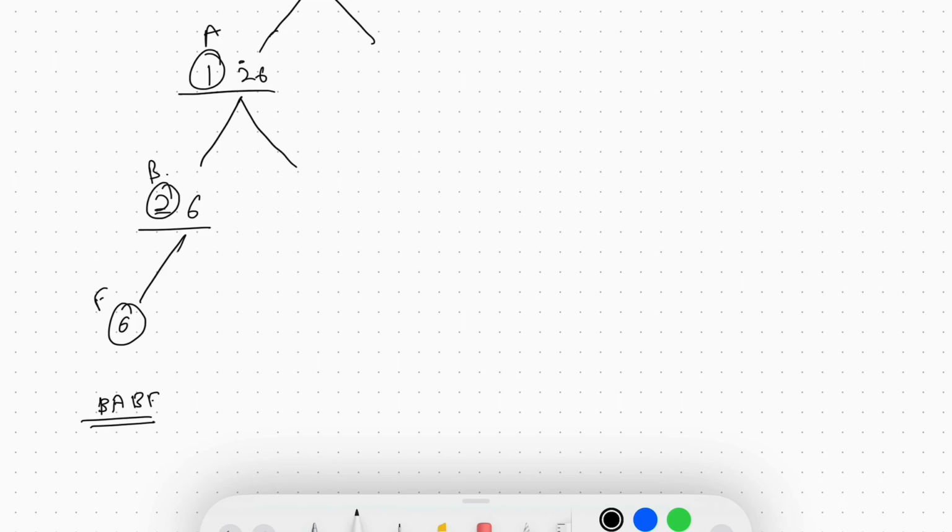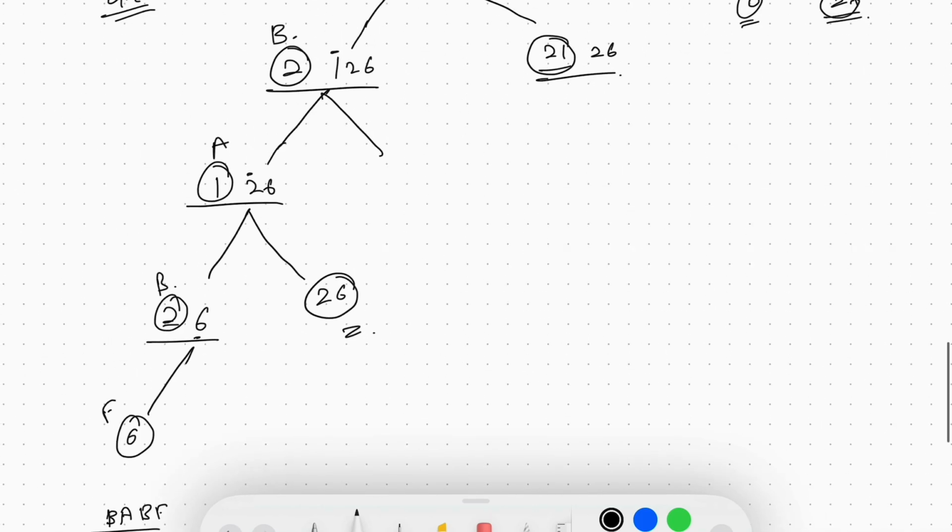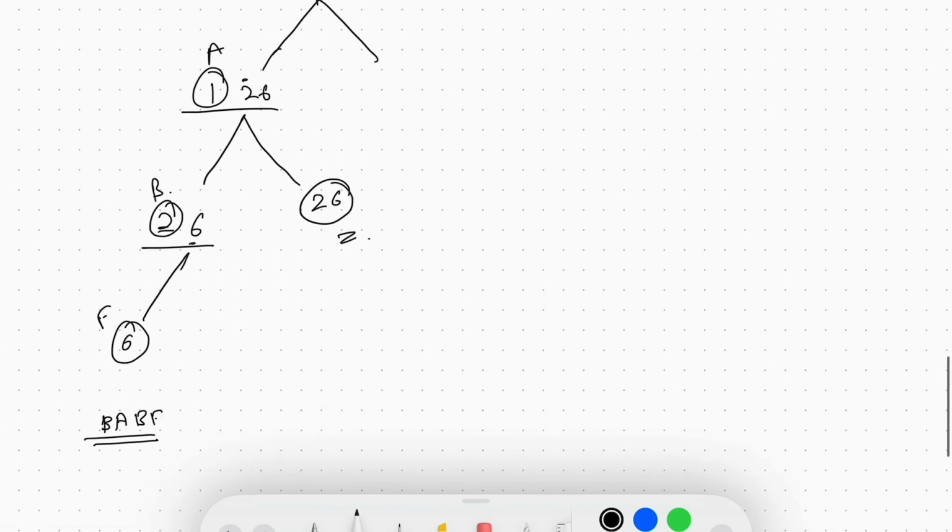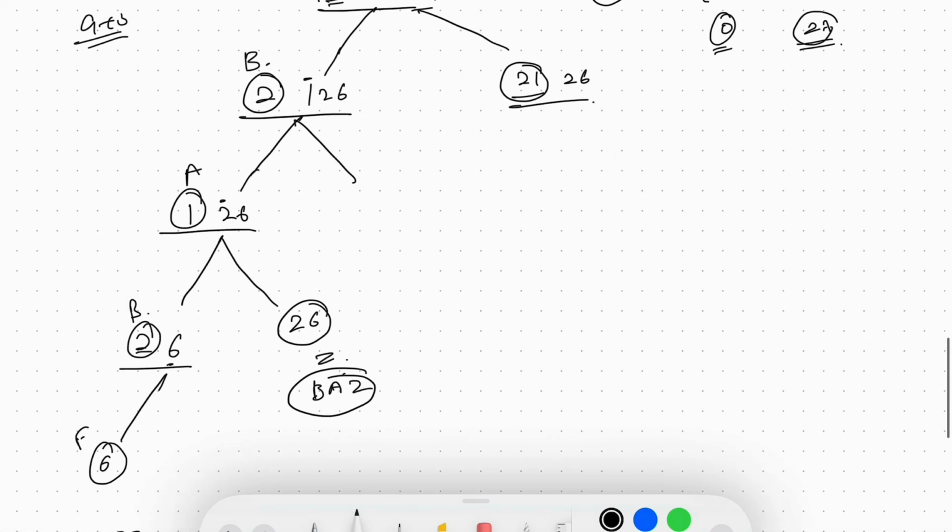Now we decoded the first character, we decoded one character from here, but we cannot have two characters. So from here, decoded 2, now we will decode 26. 26 we can decode to Z. So we will be left with A, B, Z. Now we will see whether we can decode two characters from here. Here we decoded one character which is 1. Now we will take two characters. Can we decode 1 2?